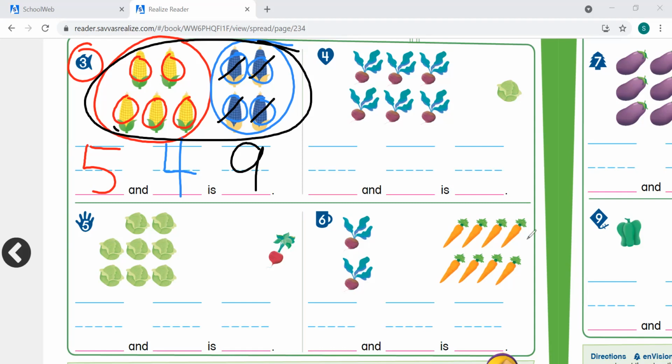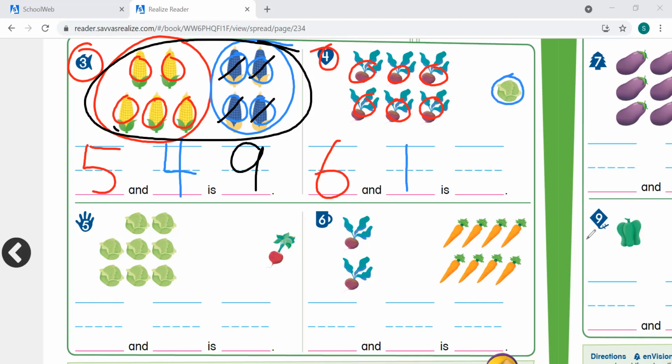Let's look at problem number 4. We're going to do the same thing. We're going to use counters for our first group. 1, 2, 3, 4, 5, 6. Let's start our addition sentence by adding our 6. 6 and 1.